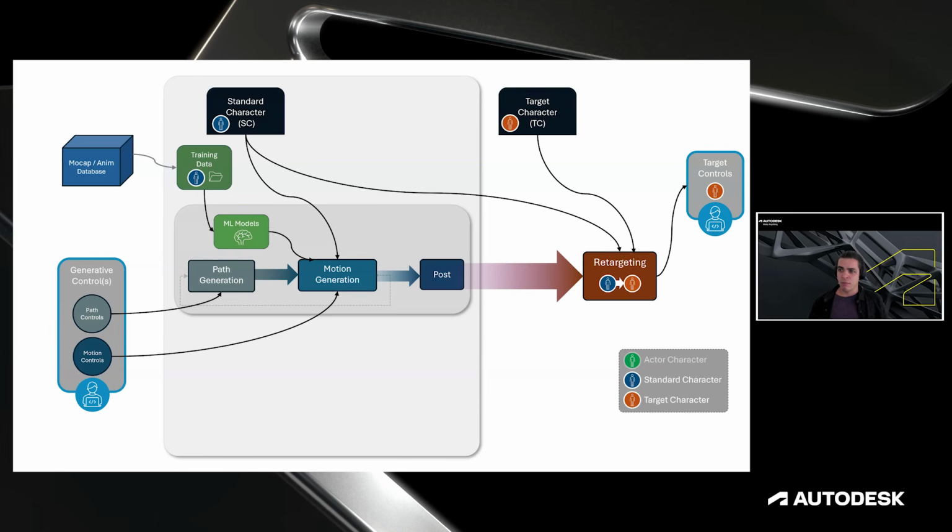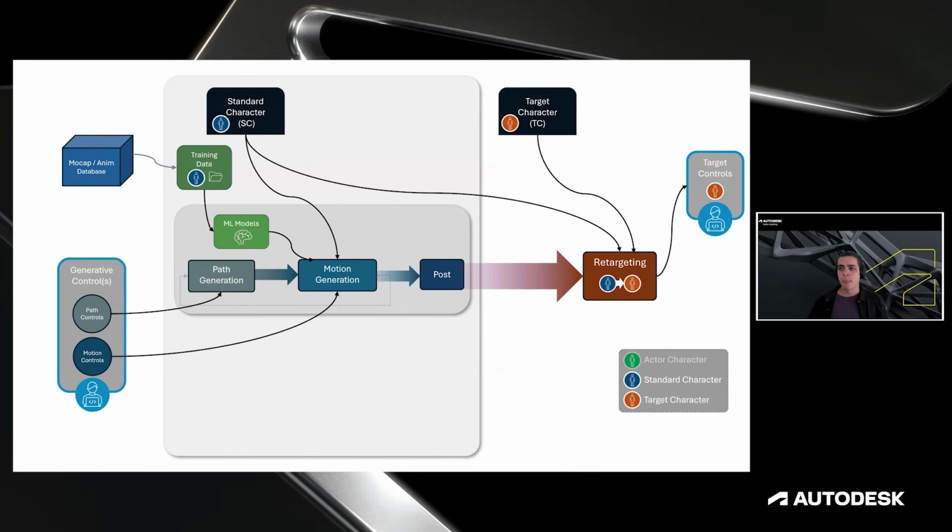The animator would be in the seat of the director. He would be giving the system paths for the character to move on, and action and timing for the character to execute. There would be some post-processing to adapt and polish the animation. All of this would be applied to a standard character, so always the same character.